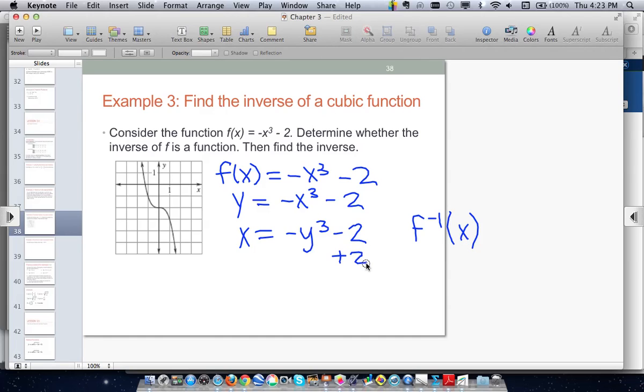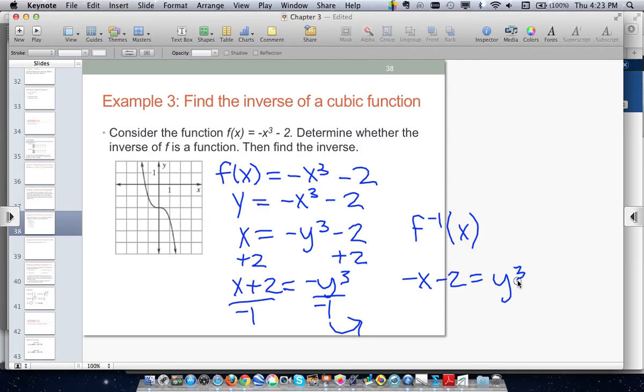So add 2 to both sides. Divide by -1. So we have -x minus 2 is equal to y cubed. Take the cube root.